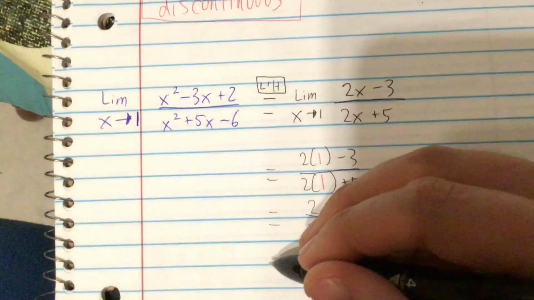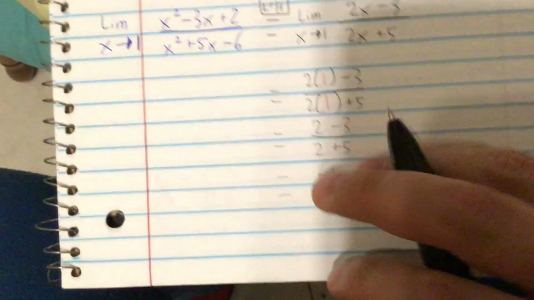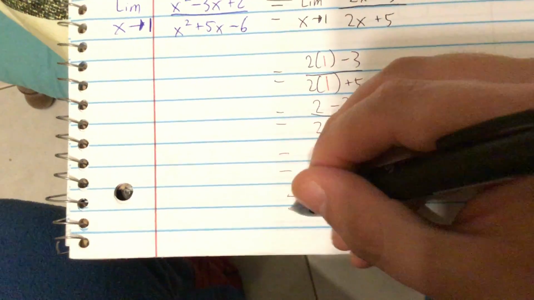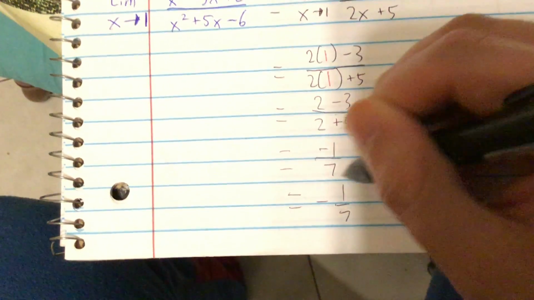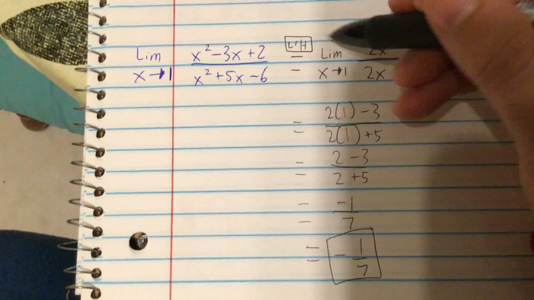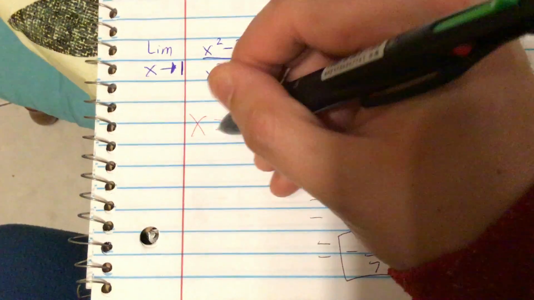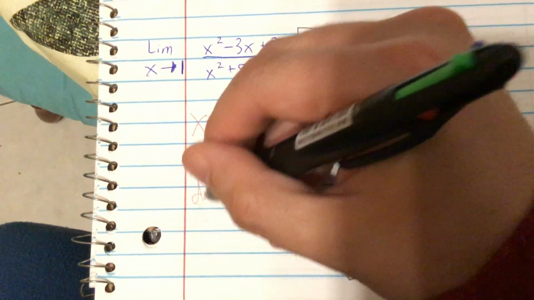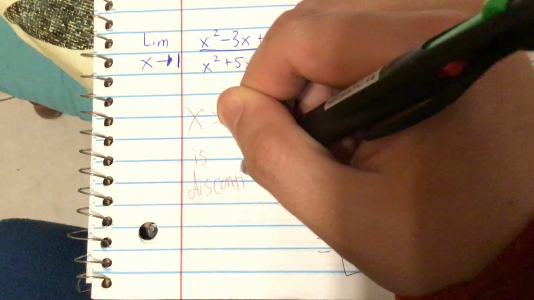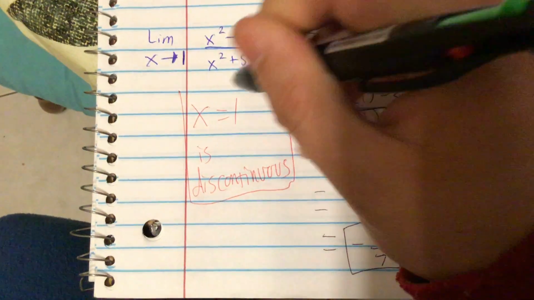So 2 minus 3 is negative 1. 2 plus 5 is 7. I still get negative 1/7. Therefore, because I got 0 over 0, and I had to use L'Hopital's rule, x equals 1 is discontinuous.